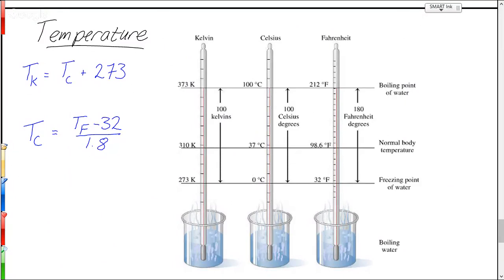And you don't have to remember these equations. You'll be given them if you need them. To go the other way is the opposite, but you have to do a little algebra. So the solution there is the Fahrenheit temperature is going to be 1.8 times the Celsius temperature, and then plus 32.